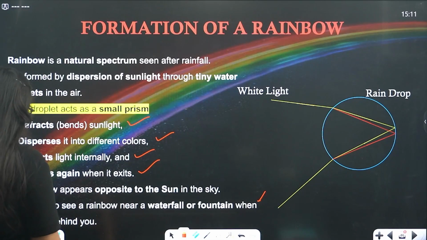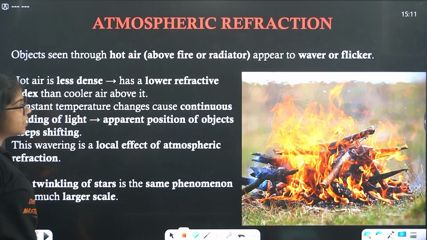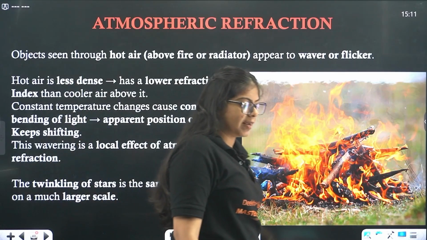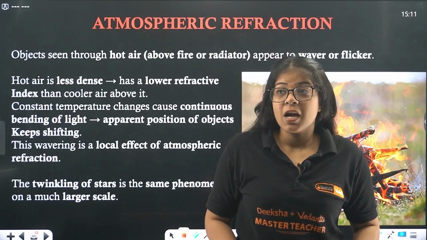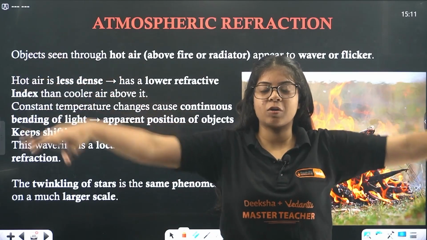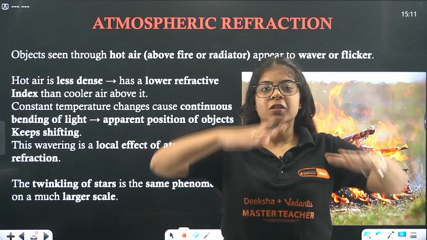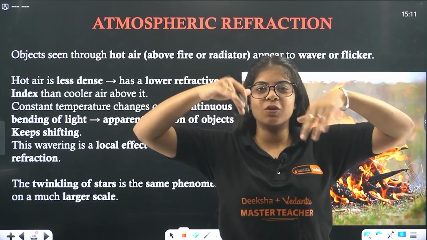Understood? Great. Now beta, next we are going to talk about another phenomenon, that is atmospheric refraction. Go and stand somewhere in extreme heat, like an empty lot, and you will see things happening like this. All the layers will move like this.